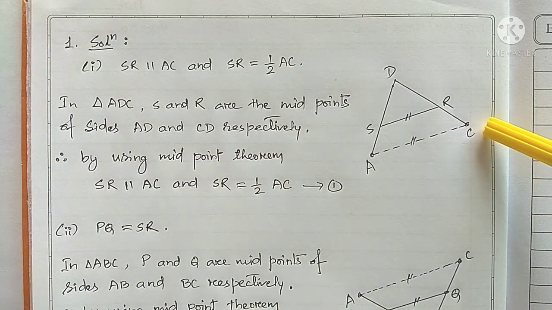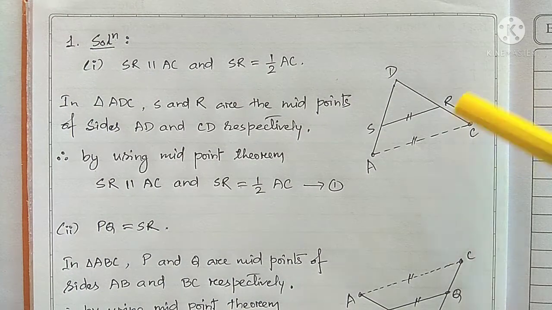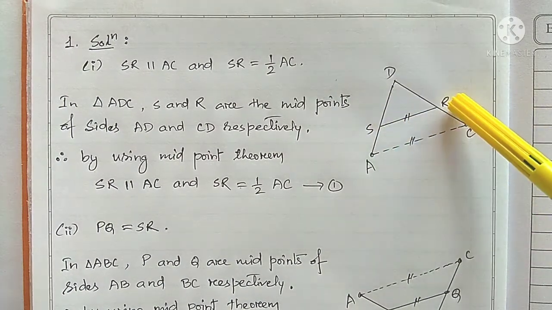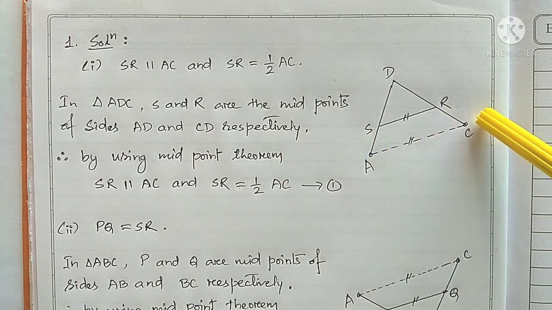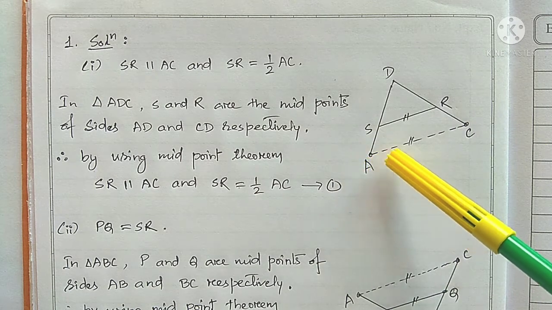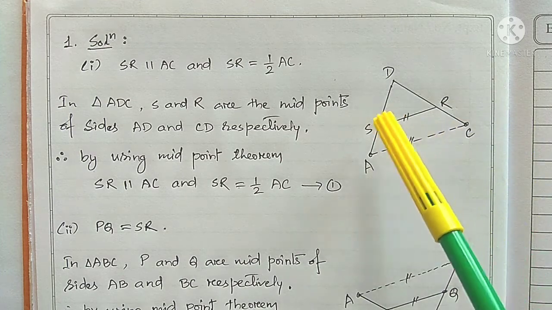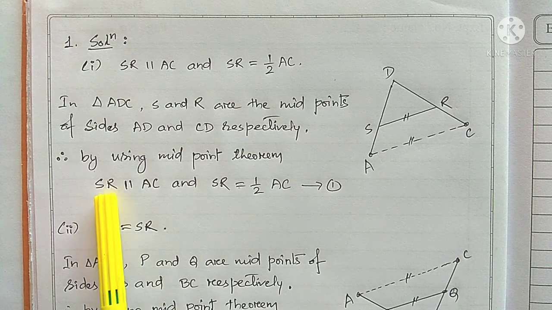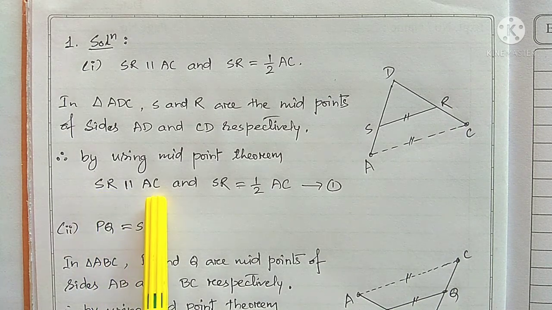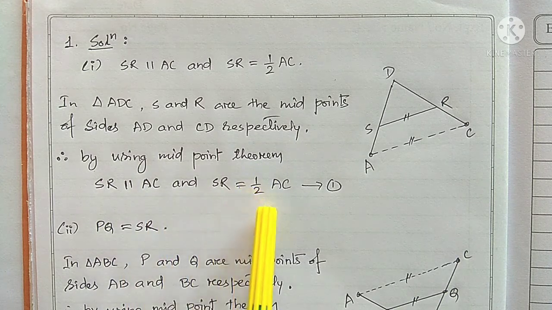And one more property we know, which we discussed in our last class: the length of this SR is always half of the diagonal, half of this AC. So we write SR equal to half of AC. As you see, SR is parallel to AC using the midpoint theorem, as well as SR equal to half of AC.